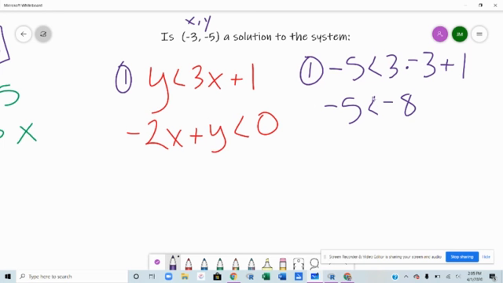Is -5 less than -8? No, it is not. -5 is not less than -8. So at this point, you don't even need to check the second one because we already know it doesn't work for the first one. So is this a solution? No, it is not.